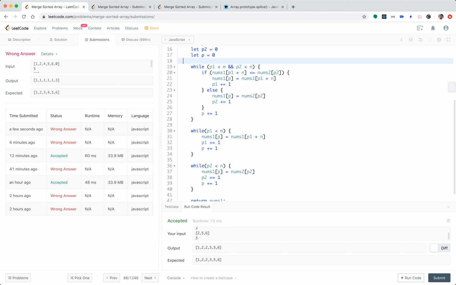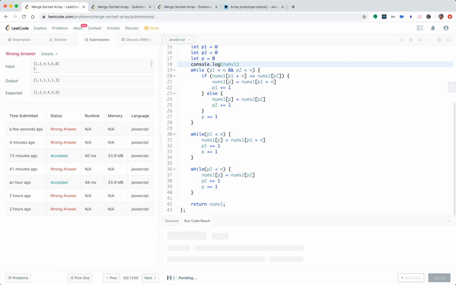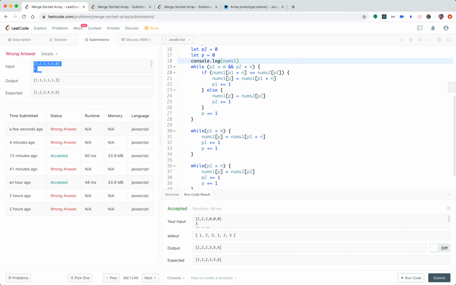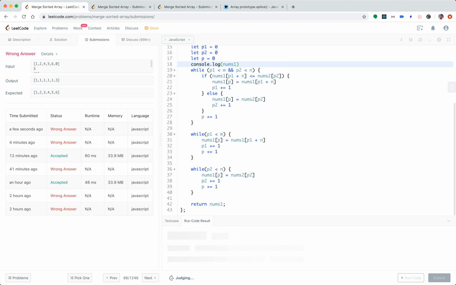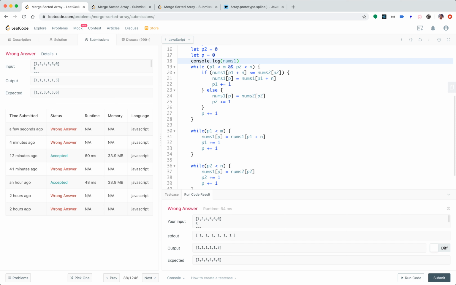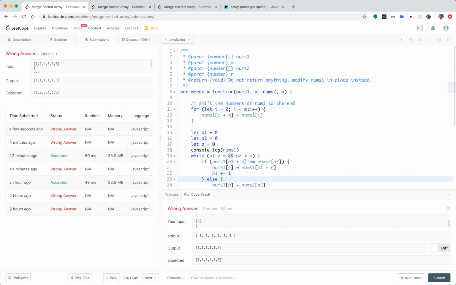This is strange. Console log nums1. This is the case. For i equals 0, i smaller than m, nums1 i plus n.